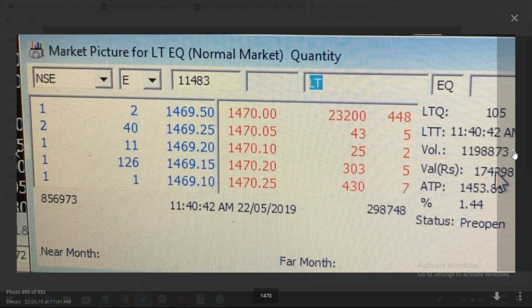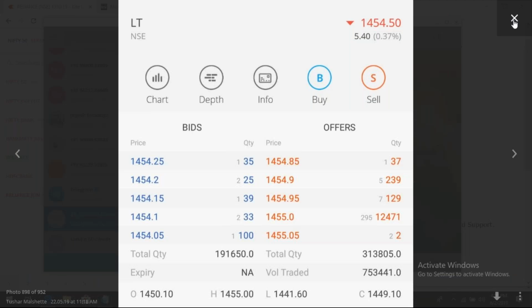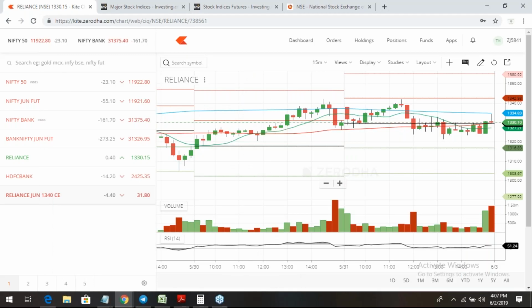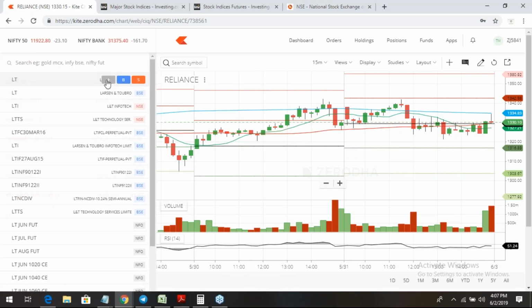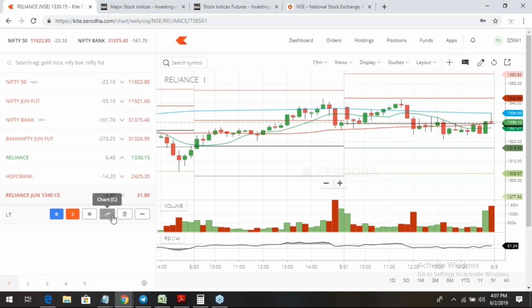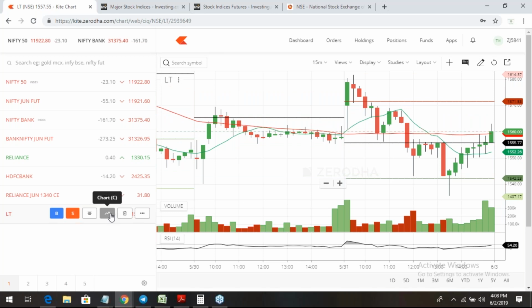On what date? 12/5/19. Let's see the 12/5/19 L&T stock. Can we trust the buyer or seller? I checked this, and the opposite can happen on the 22nd.